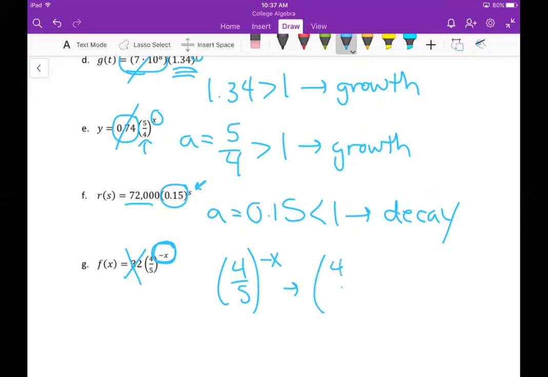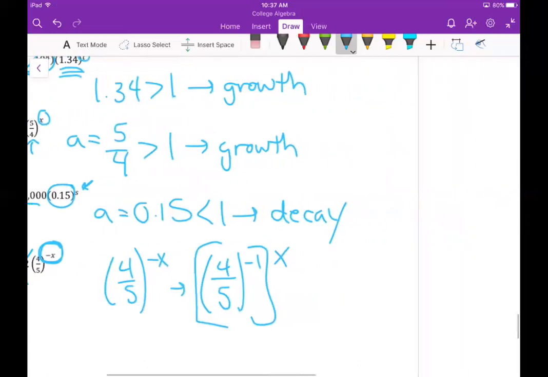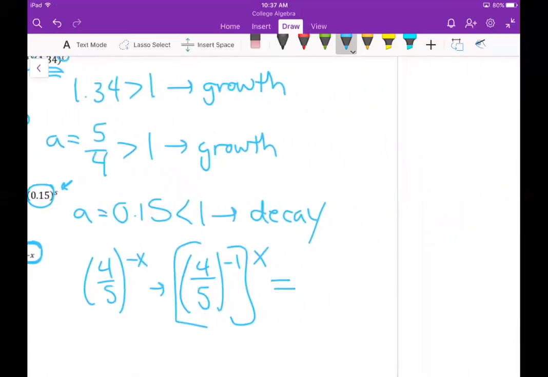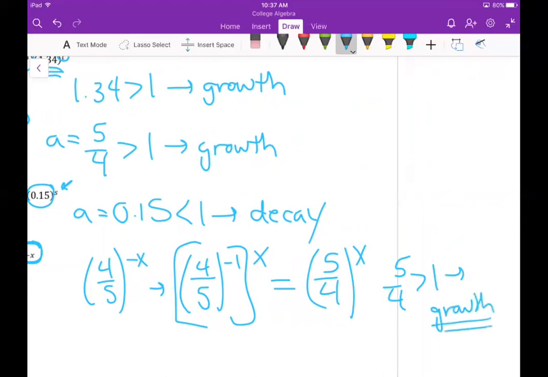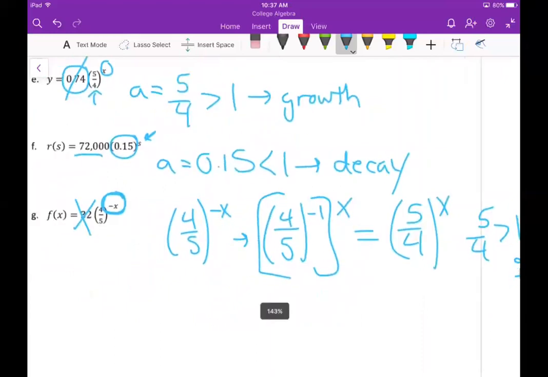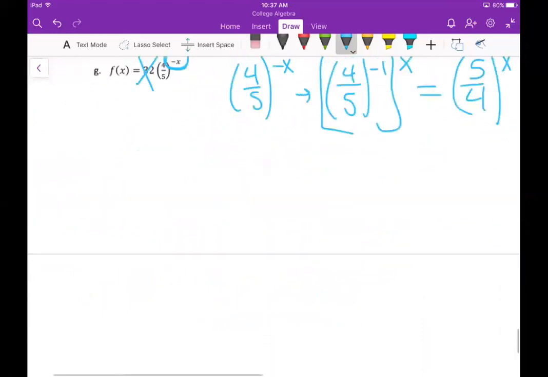So that's 4/5 to the negative 1 and then to the x power. 4/5 to the negative 1, remember anything to a negative power switches locations. That becomes 5/4 to the x. 5/4 we already saw is definitely greater than 1, so this is growth. Did you get that? Hopefully so. You'll have some good examples of that in your homework as well.